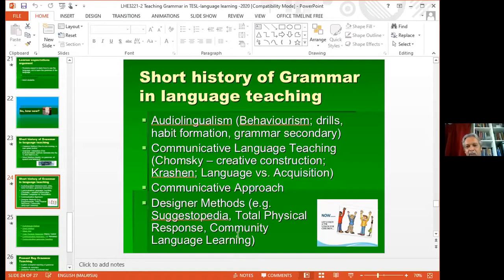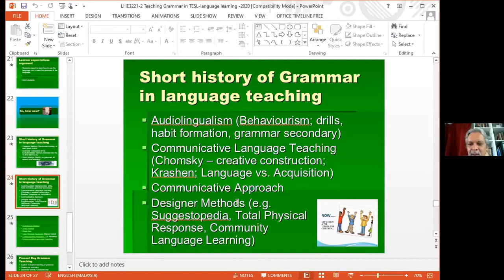Okay, and community language learning is basically just supporting each other, right? Okay. So I think some of these methods are actually also related to counseling. There's also a method called counseling learning or something like that. Not sure. So some of the concepts of counseling are also used to reduce, once again, anxiety.